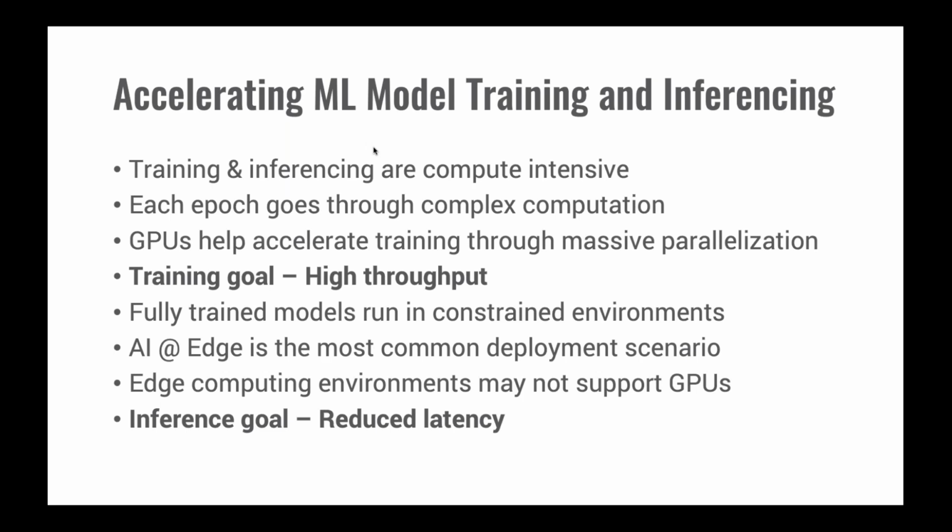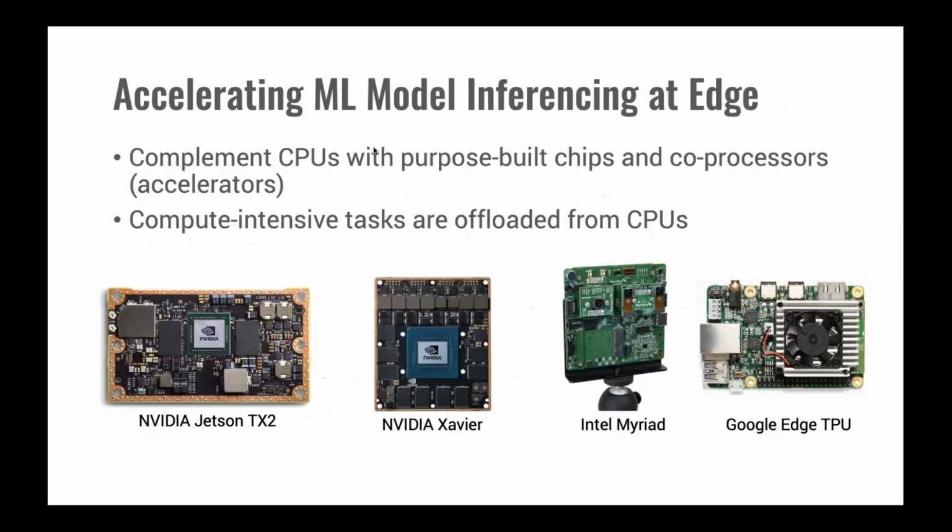And when it comes to the edge scenarios, particularly for inferencing, we need to have additional devices that essentially accelerate the inferencing. So there are a lot of niche specialized chips, system on chips that are actually coming up to accelerate inferencing at scale, at a very reduced latency.